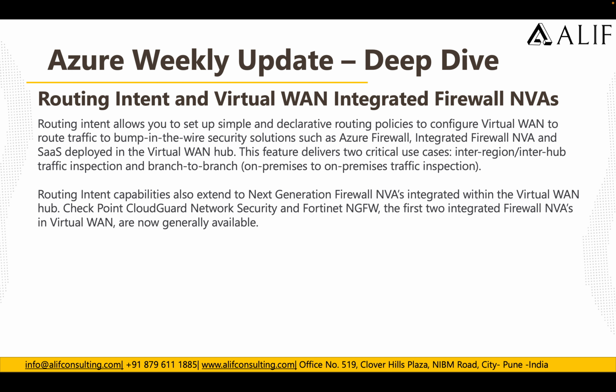This feature delivers two critical use cases: inter-region or inter-hub traffic inspection, and branch-to-branch or on-premises to on-premises traffic inspection. The routing intent capability also extends to the next generation firewall integration within the virtual WAN hub: Check Point CloudGuard Network Security and Fortinet network appliances. The two integrated firewall NVAs in virtual hubs are now generally available.